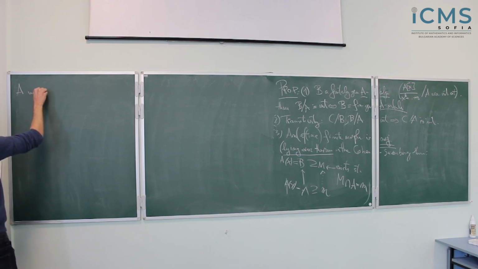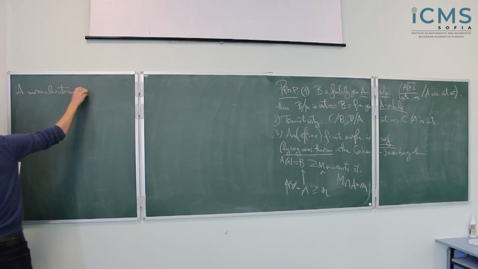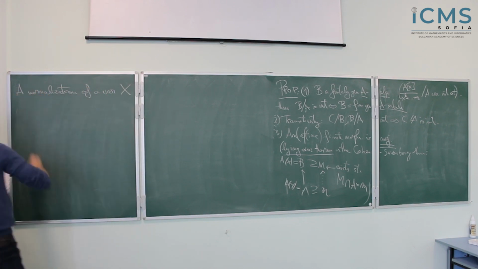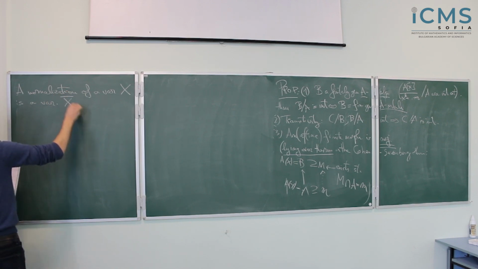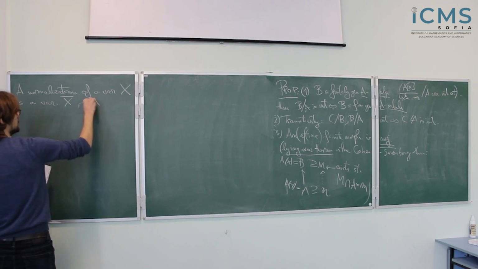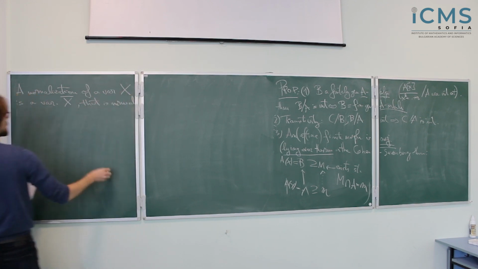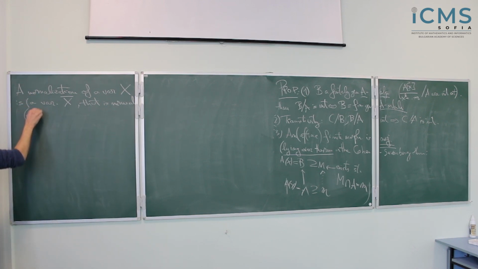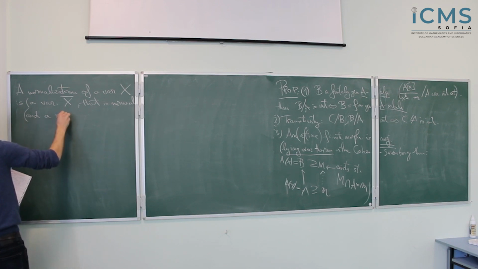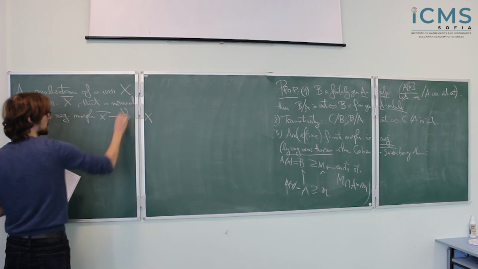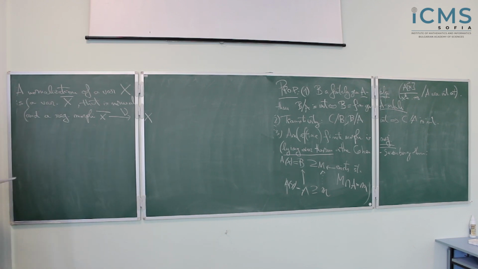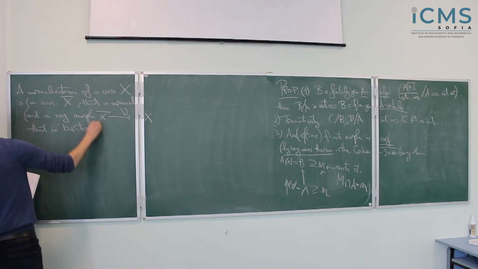A normalization of a variety X is a variety X bar that is normal, and a regular morphism X bar to X, sometimes called nu, the Greek letter for n, as in normalization, that is birational and finite.